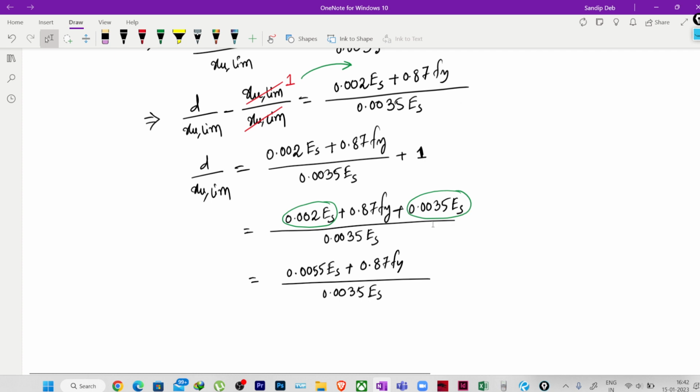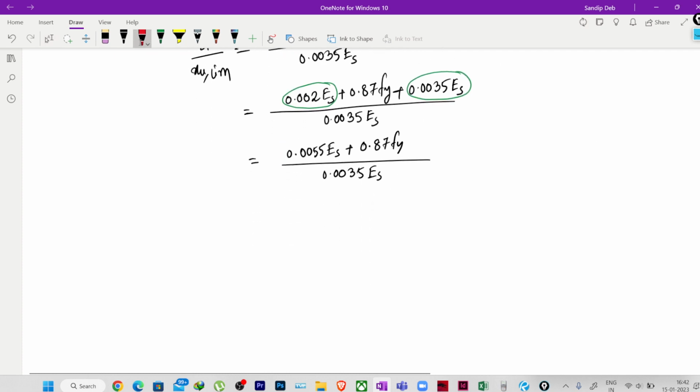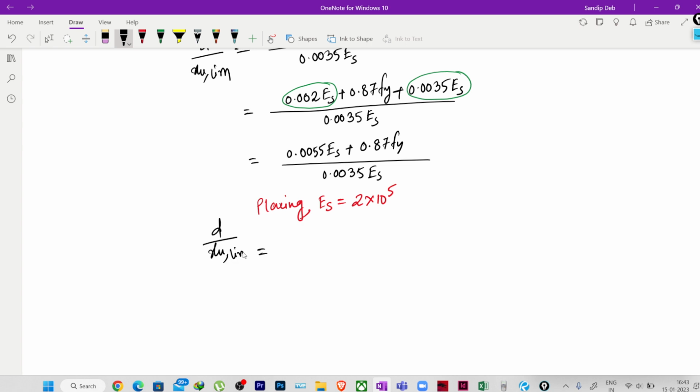Okay, now we can write, replacing ES equal to, we know Young's modulus of steel rebar is 2 into 10 power 5, right? Okay, so how much will we be getting? D by XU limit will be, let me write it properly.